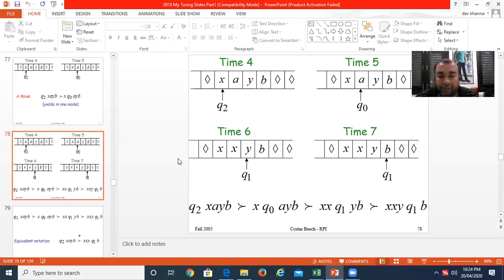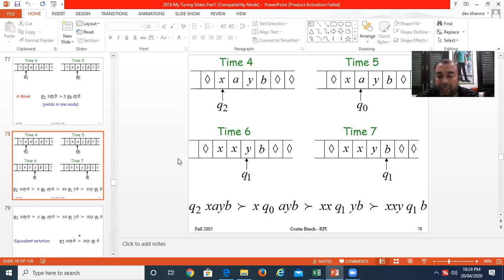And then finally, you take a right turn, Y remains Y, and you are going to read B from the input tape. So this has been written as Q2 X A Y B, instantaneous description X Q0 A Y B, according to time 4, time 5, time 6, and time 7.